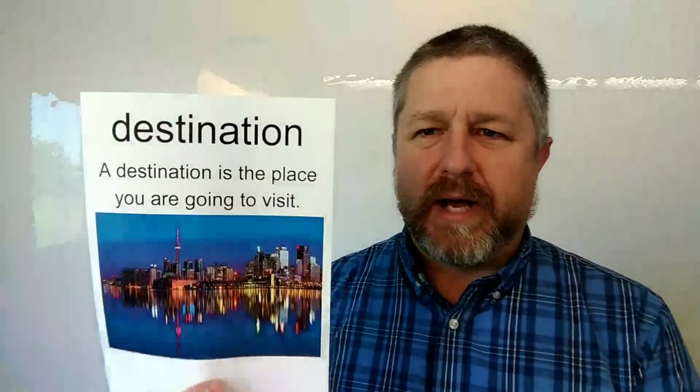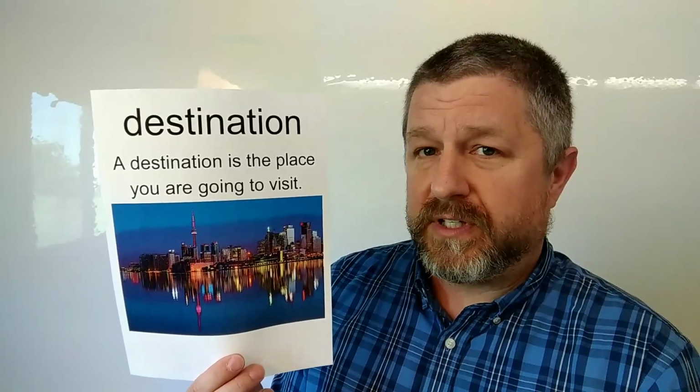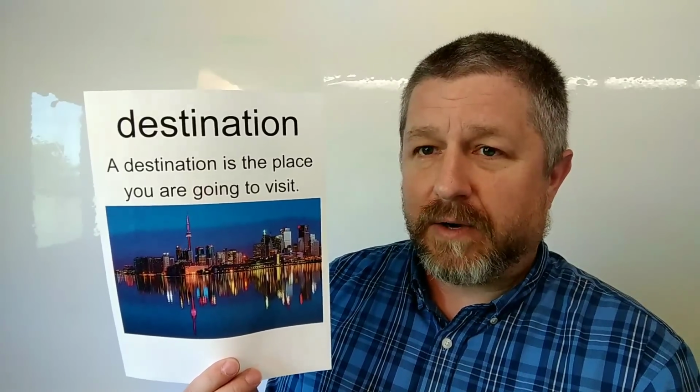When you go on a trip, you have a destination. So this is the word destination. And a destination is the place that you are going to visit. So let's say I really wanted to visit France to see the Eiffel Tower. I would tell people I'm going on a trip, and they could ask me, where are you going? Or they could ask, what's your destination?